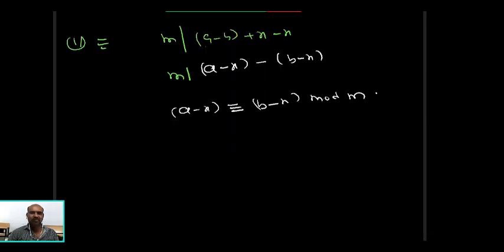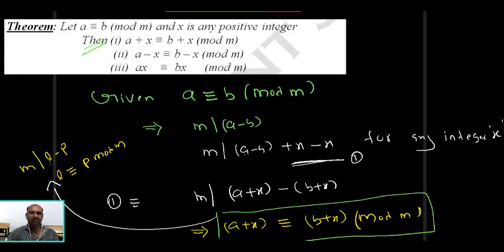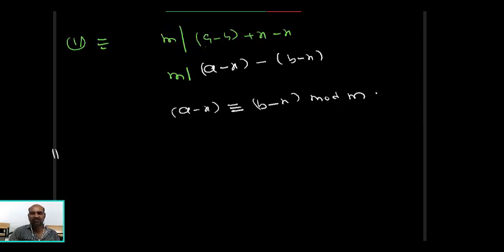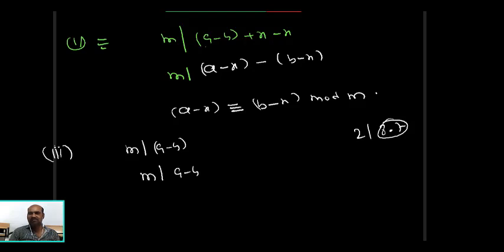Okay. So I proved result 1 and result 2, now I want result 3. For that, what is given again, I will write: M divides A minus B. If 2 divides 8, 2 divides 8 times 7, what is the problem? Obviously it divides. That's why M divides A minus B times some integer, for some integer.